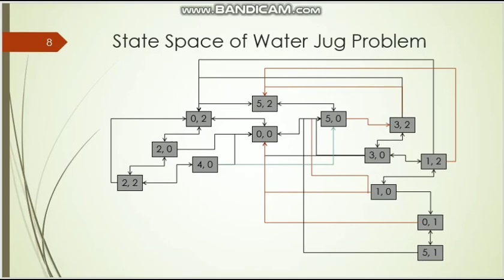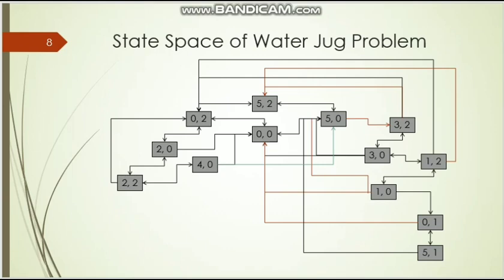Similarly, what can be done from this particular node? If we pour water from X jar to Y jar, then as the size of Y jar is 2 gallons only, from 5 gallons, 2 gallons of water will come into the Y jar and 3 gallons will be remaining. If we throw all the water from the Y jar, then it would be 3, 0, and we can pour water in the Y gallon jar from here, then we can come here.